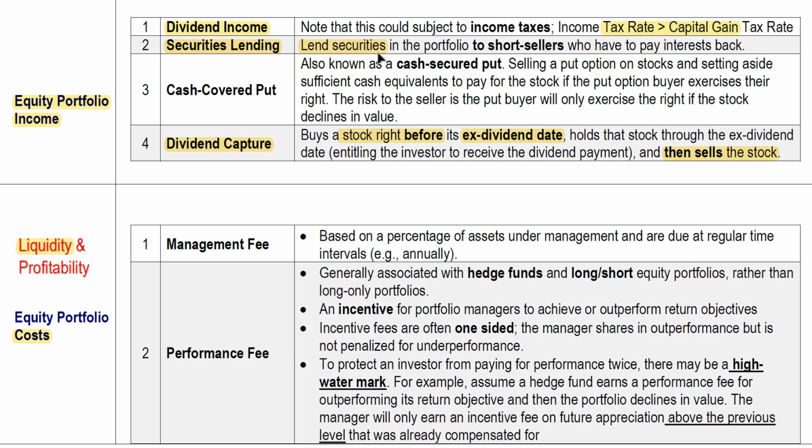The broker dealer then lends the security to the short seller, because the short seller is the one who borrows the shares and sells them. You are the one lending the shares to them, but it's guaranteed by the middleman, the broker dealers.